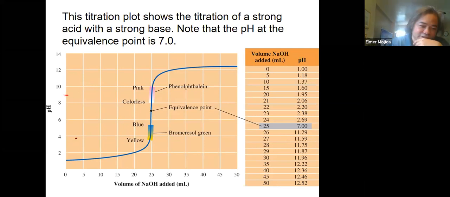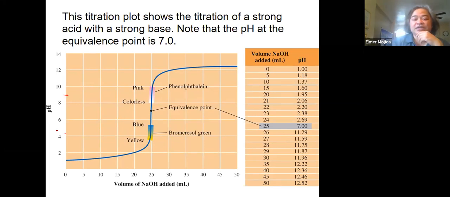If you're using bromcresol green, the pH should change around 4 to 6 or 4 to 5. So you're just trying to look at the region where they change.